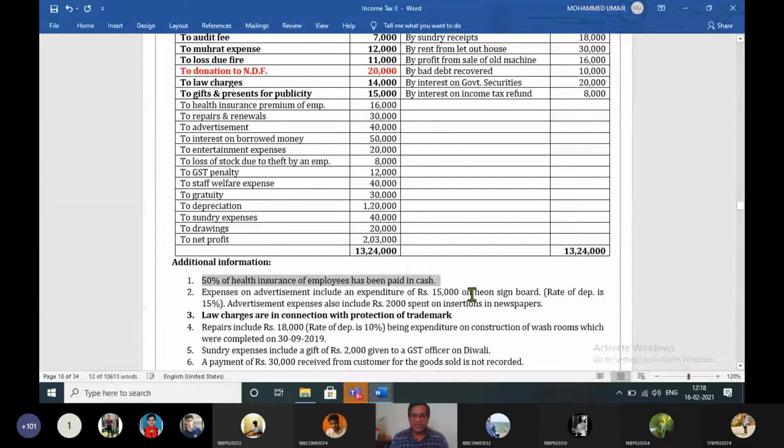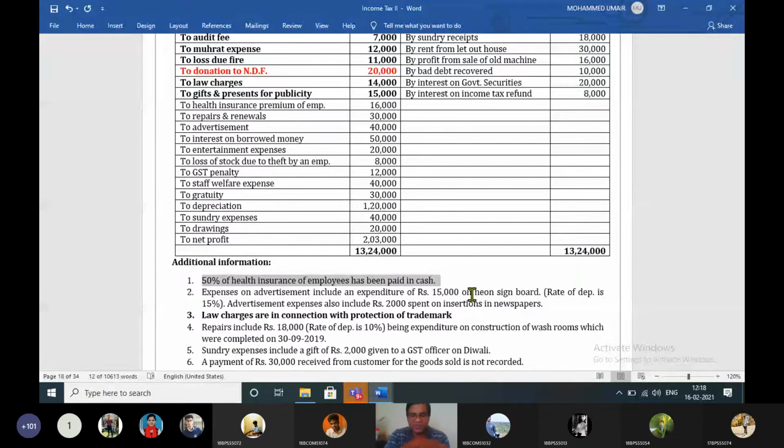Now, what's the rule pertaining to cash? The rule is that any expenses paid by cash which is above 10,000 is inadmissible. But here, 50% of 16,000 comes to only 8,000. So technically speaking, it is allowed because it is within the stated limit of 10,000. And health insurance for the employees is an admissible expense.